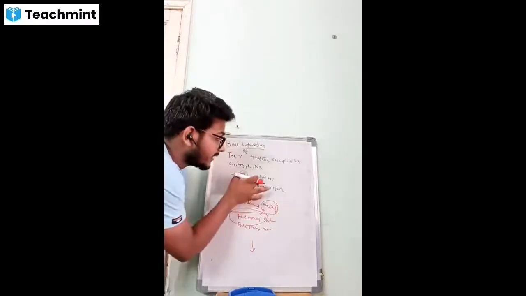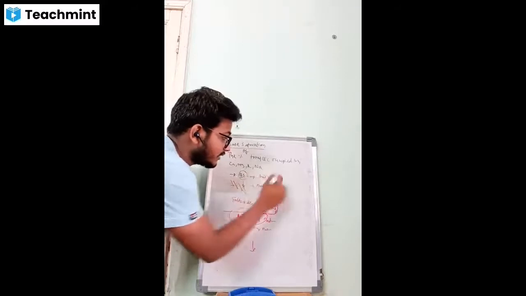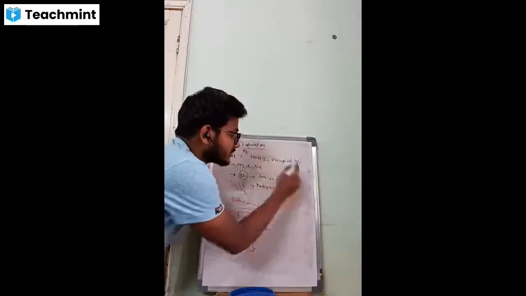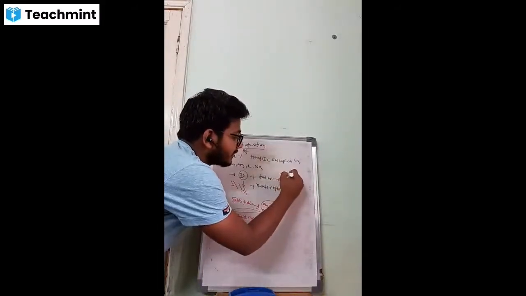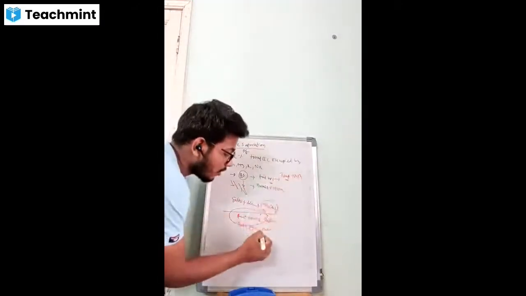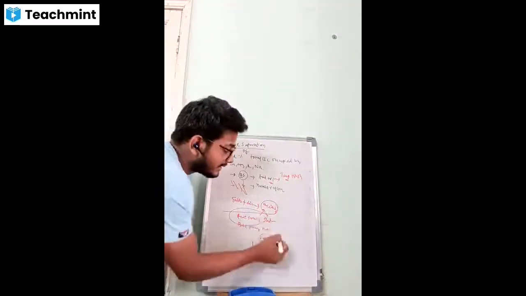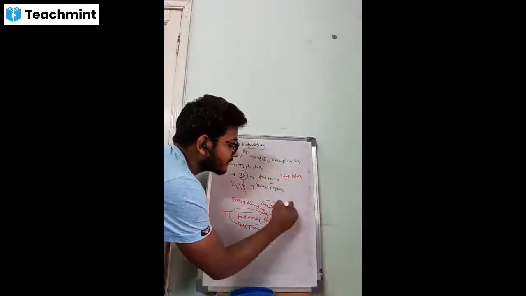But in case of arid soil, what will happen? Reverse. In the arid region the temperature is high, so all the salts present in the soil will come up by the process of evaporation.